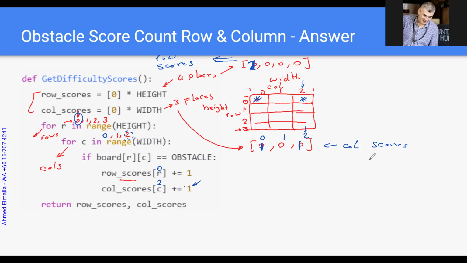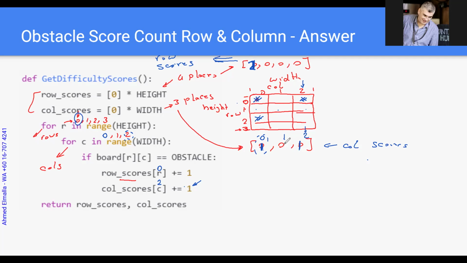And this is the column scores, okay? So we continue like that. We will find ourselves coming to row 0, and then we come to check here, column 0, column 1, column 2, we exactly need to increment. So at the end of the day, this number will represent how many obstacles we have in row 0.